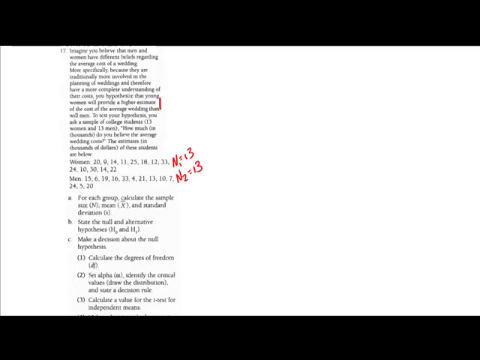How much in thousands do you believe the average wedding costs? The estimates of these students are below. Okay, so here we have each individual number. For each group, calculate the sample size, mean, and standard deviation. I'm going to cheat. All right, so for women, I'm not going to do all this because we've done this a million times before.